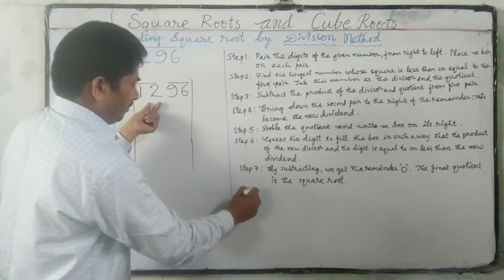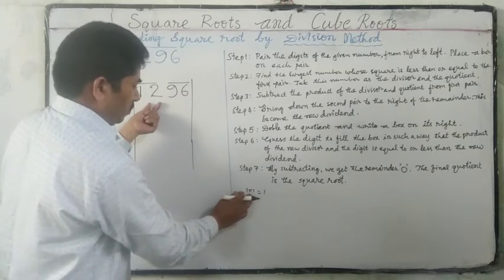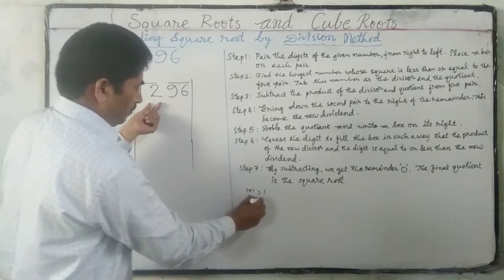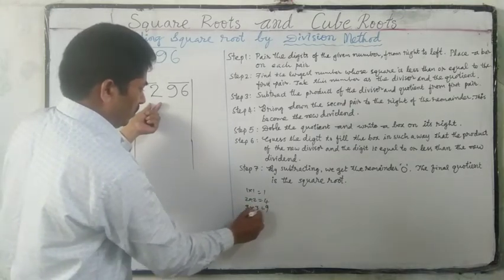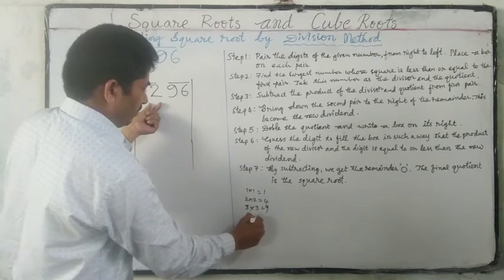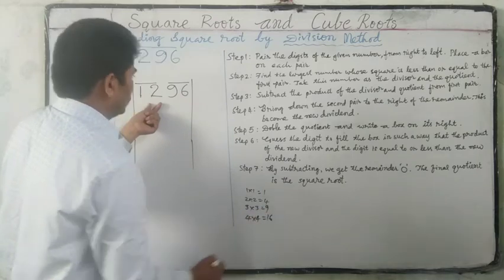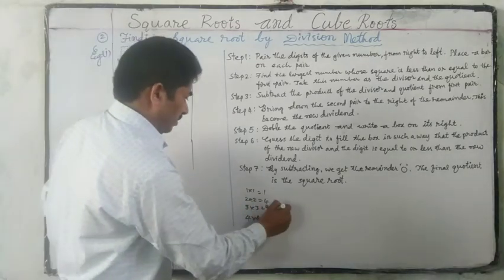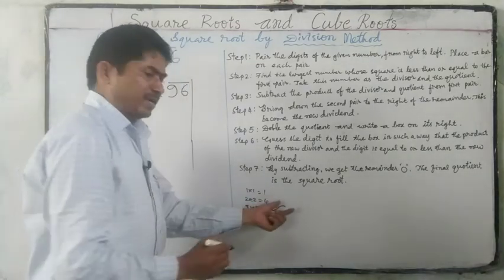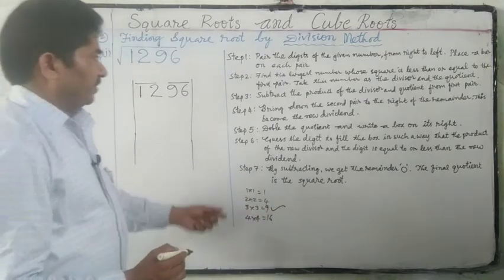One one is 1, 2 twos are 4, 3 threes are 9, 4 fours are 16. So in 12, 3 threes are 9 is matching.